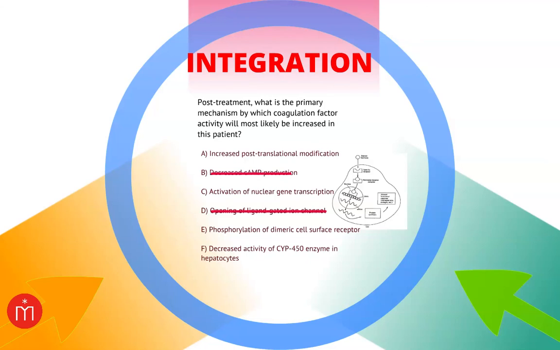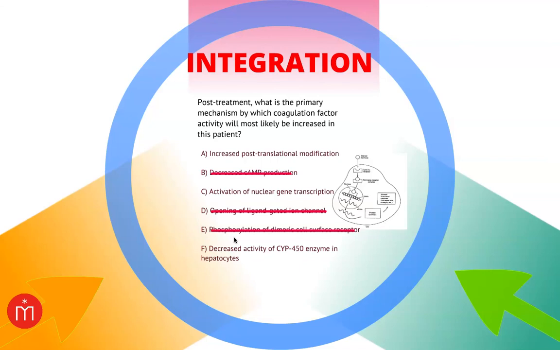We can also eliminate answer choice D and answer choice E, and that's because both of those are dealing with cell surface receptors. A ligand-gated ion channel is a type of receptor on the cell surface. And phosphorylation of dimeric cell surface receptors is stating that it's part of a cell surface receptor change. And that's not the situation here.